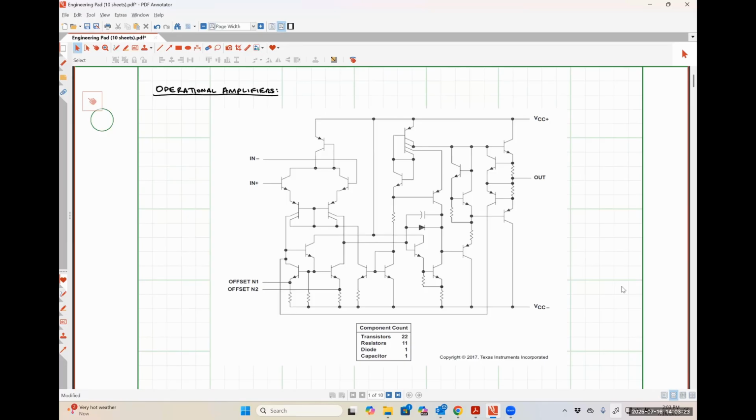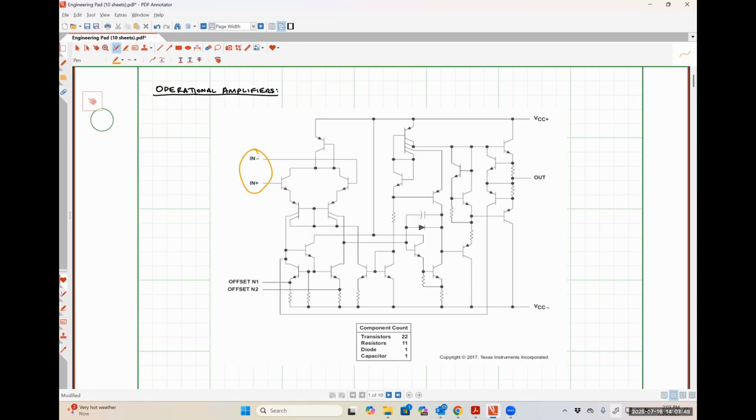The first thing that I want us to notice here is these two pins, effectively called N minus and N plus. An operational amplifier is a device that has a differential input, meaning that you can apply multiple input signals to it.